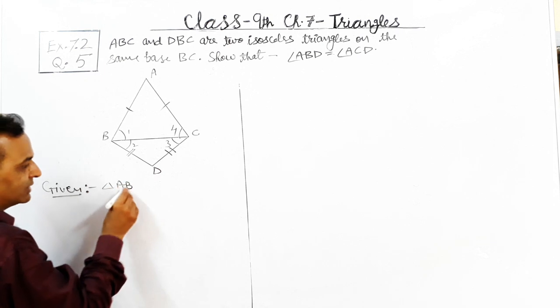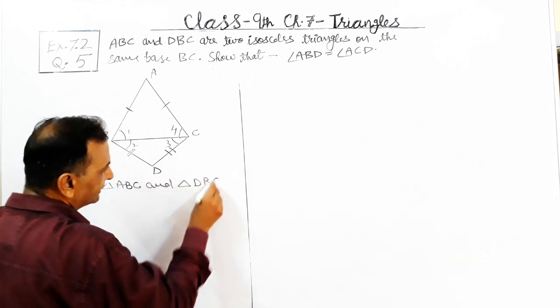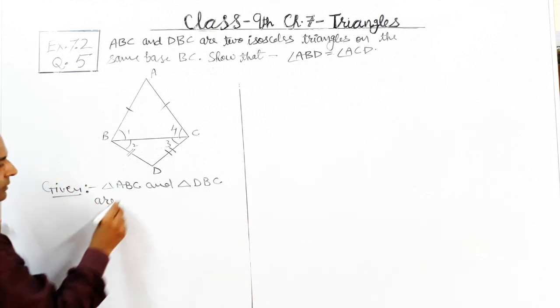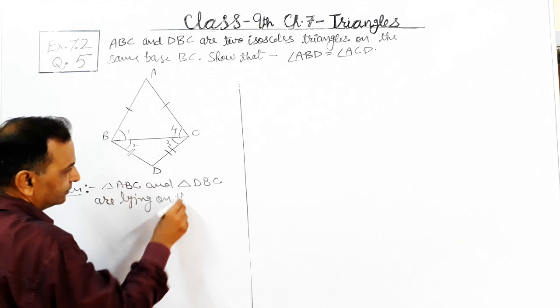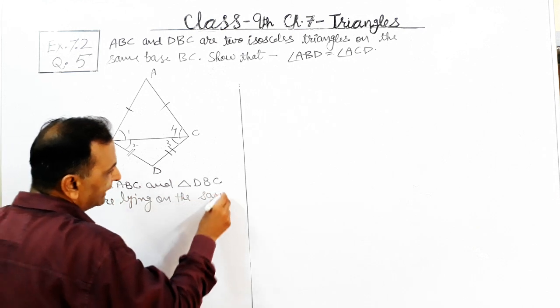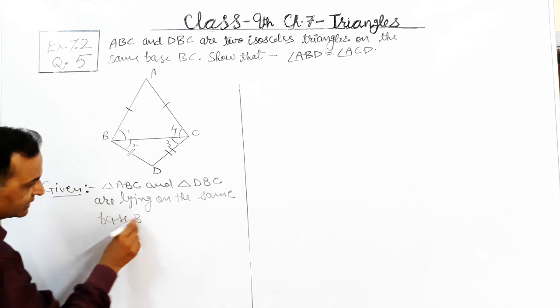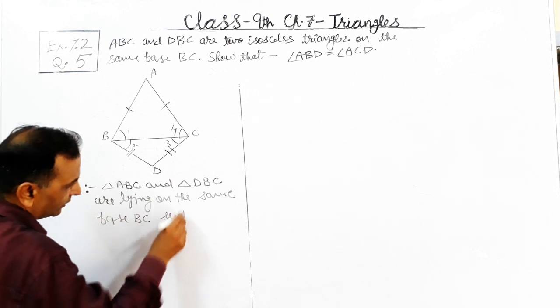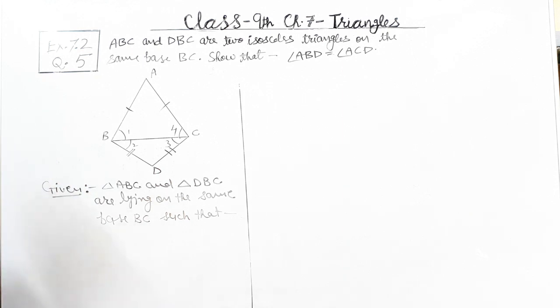Triangle ABC and the second triangle DBC are lying on the same base BC such that. We use these two words generally whenever we have some result. So what are the results which we have here?